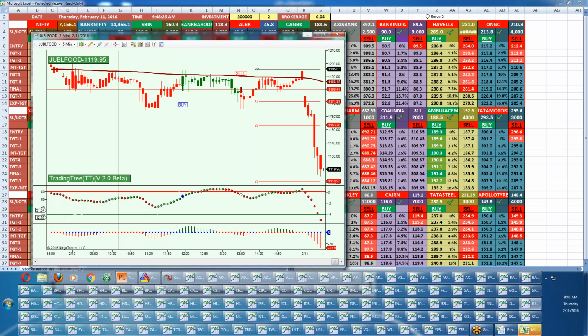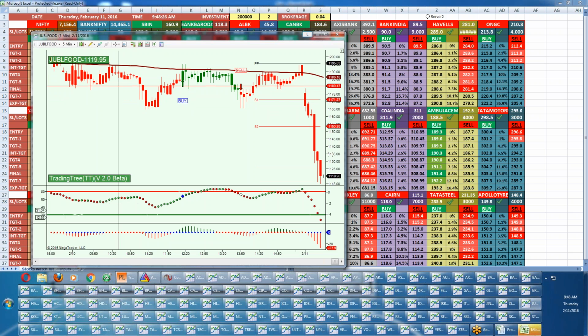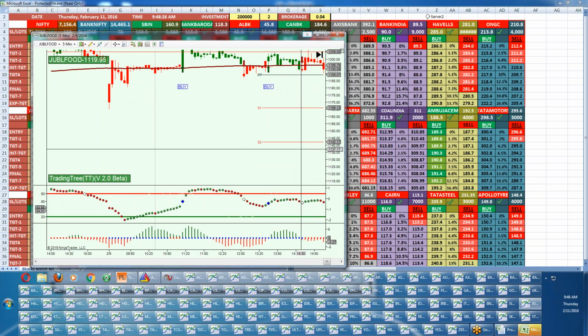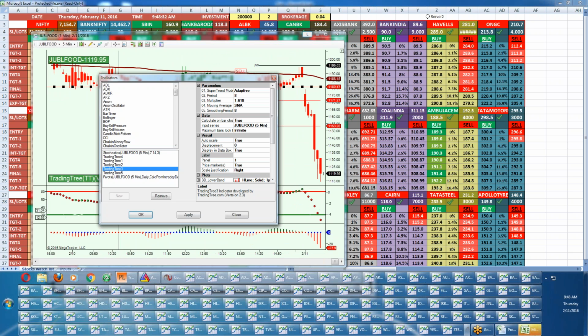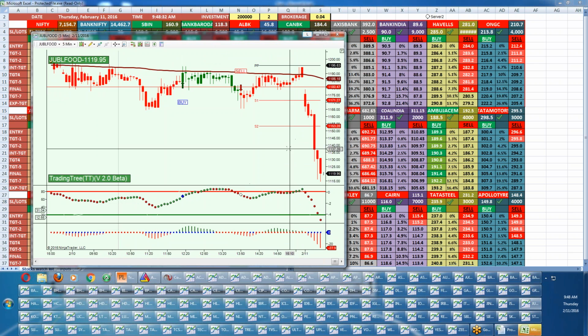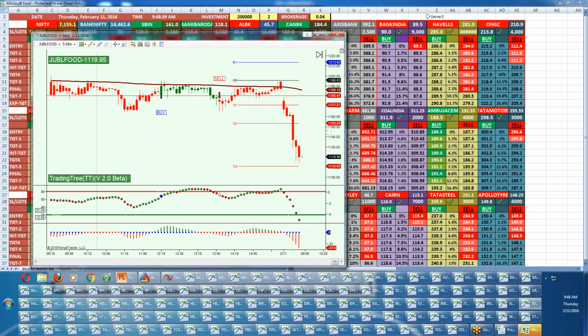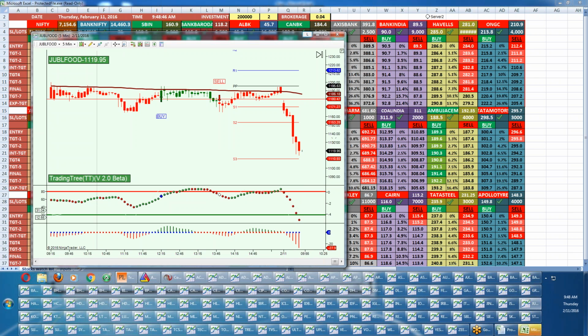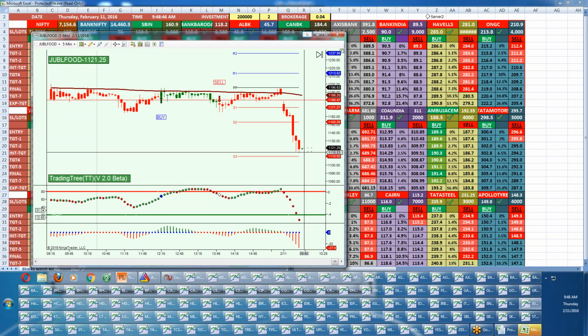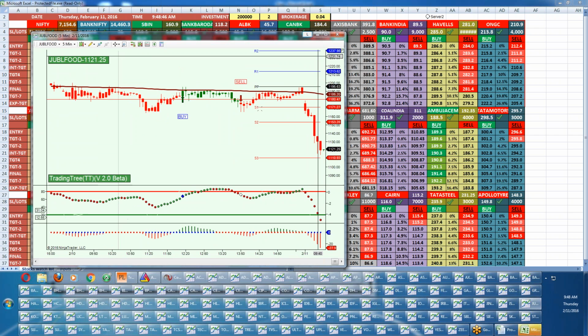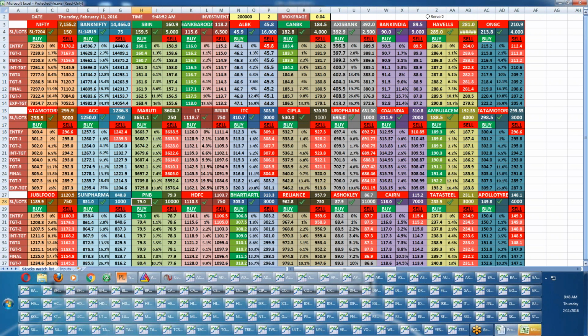So that's Jubilant Food. The next target will be 1110. So you can expect another 10 rupees here in Jubilant Food.